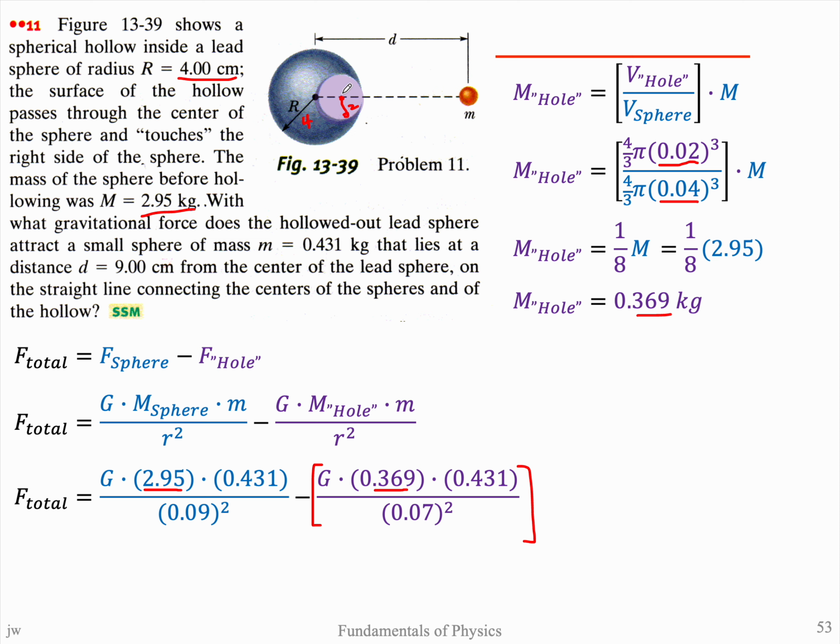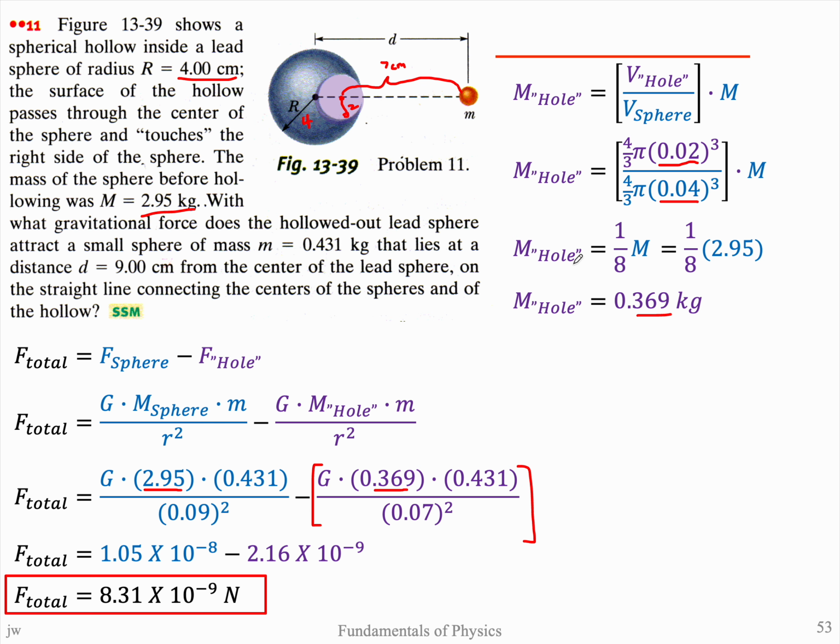Well, the distance from the center of the missing mass of our hole is 7 centimeters away because of the radius of our hole. So plugging that in, if you solve those two, you'll get this much force for each one of those. Subtracting those gives us our net force, about 8.31 times 10 to the minus 9th newtons.